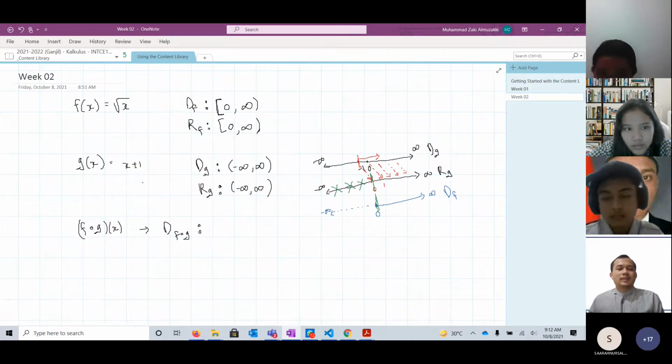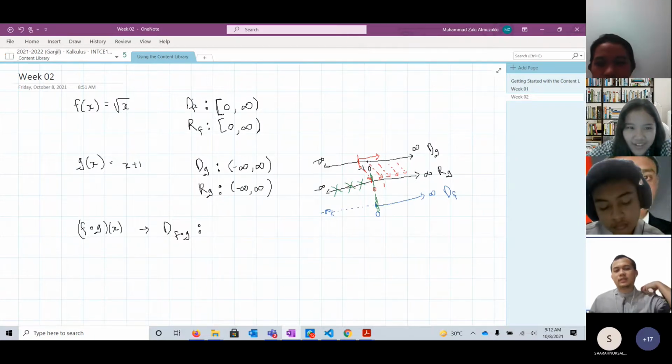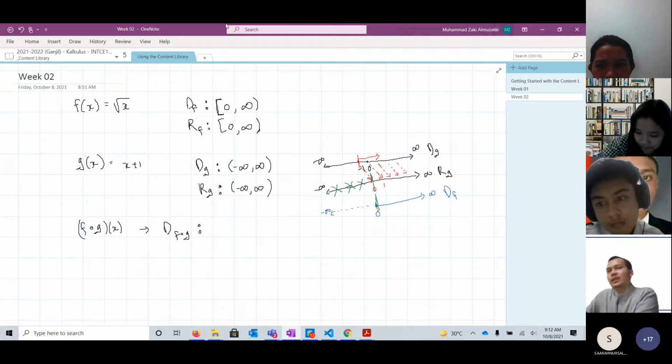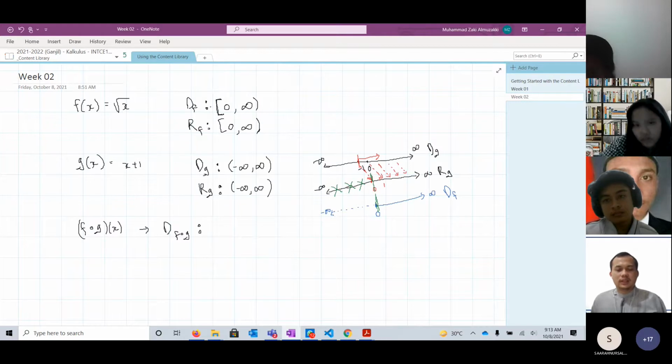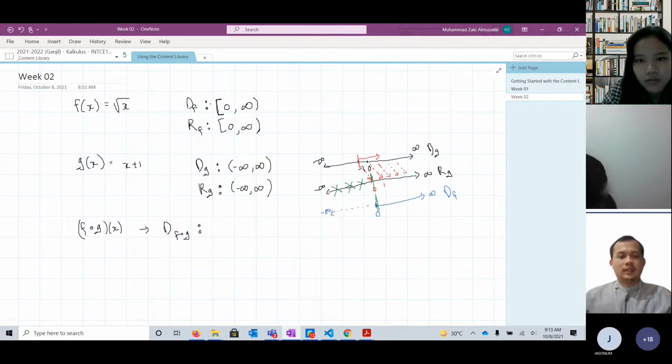Okay. This is for this part, f of x equals square root of x. The domain is from 0 to infinity, and the range is from 0 to infinity. You need to take a look at the materials from last week, so I don't want to explain it again here. But basically, what is the domain? Domain is, in this case, an interval for which the function is defined.